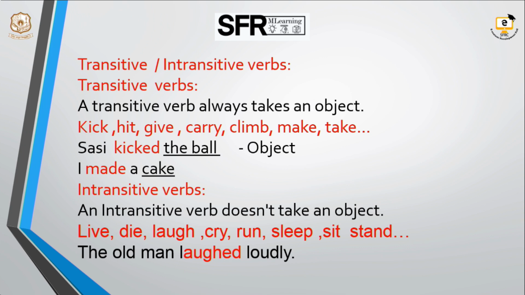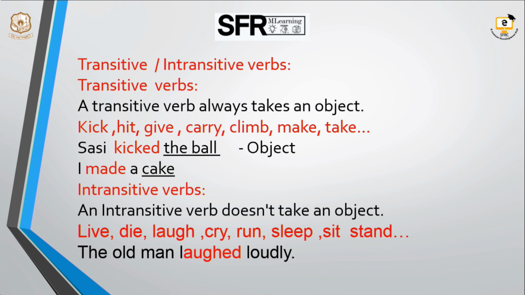For example, the ball is the object of the verb kick because the ball receives the kick, and the verb kick is a transitive verb. It always needs an object. Some other common transitive verbs are get, give, carry, climb and make.